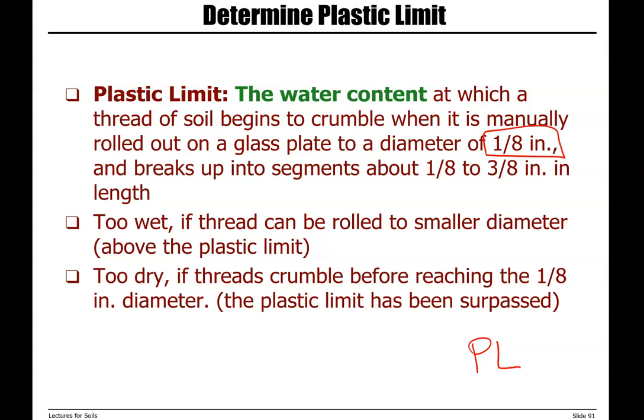If your sample is too wet, then the thread can be rolled to a diameter smaller than 1/8 inch. That means your sample is just too wet, so you need to dry it. And if the sample is too dry, then you cannot roll it to 1/8 inch diameter, which means that the plastic limit has been surpassed.